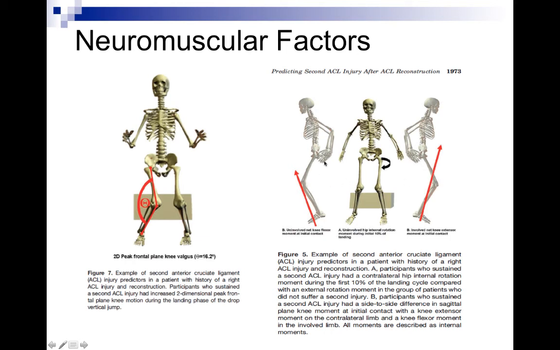So meaning there was a very asymmetrical landing from one knee to the other in the sagittal plane in the landing mechanics. And then here there was an excessive internal rotation hip moment on landing on the uninvolved side. So basically these 4 factors were significant in predicting who would get injured, and resulted in the sensitivities and specificities around 0.9 that I just showed you.